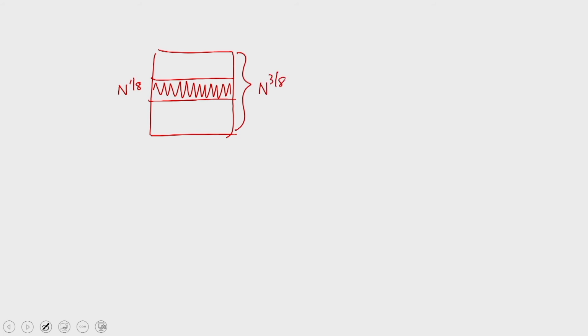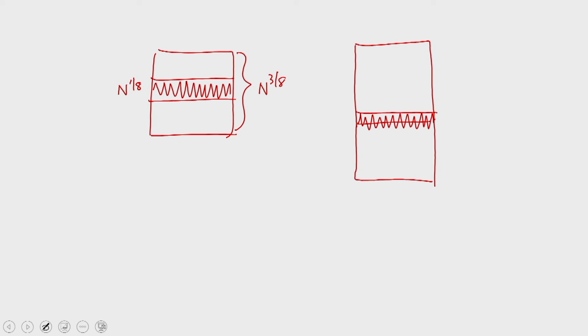So if this is the case, we have exactly one dirty block in the vertical slice, or it could be that this dirty band spans two adjacent blocks. The height of the dirty band is at most n power 1/8.